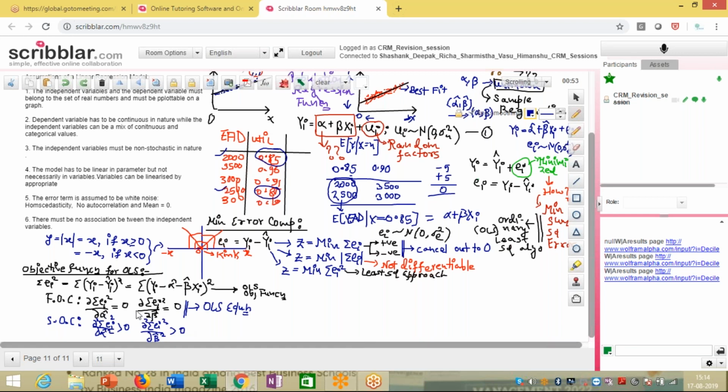So these are the two conditions that you need to ensure.